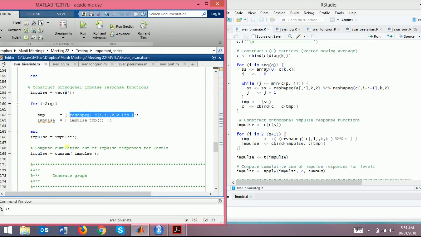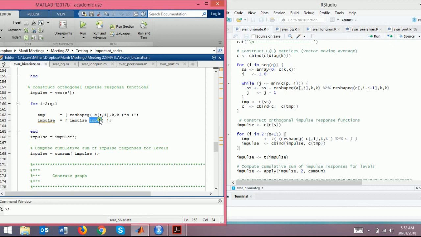It is the same reason why we are taking transpose of this and transposing it back, because when we are doing transpose and then taking elements, make sure that your elements order is maintained. So you're not taking one element from the first equation, one element from the second equation, then again one element from the first equation.